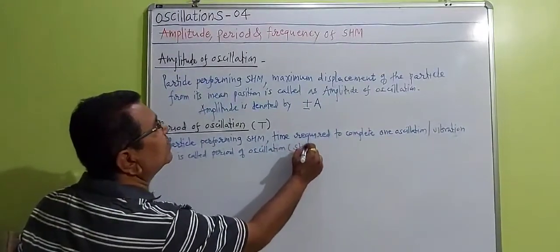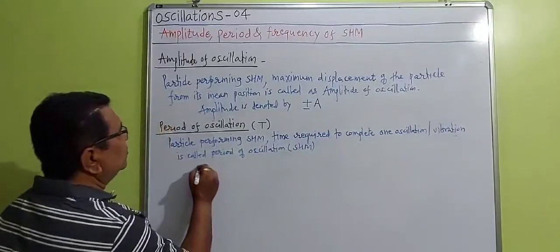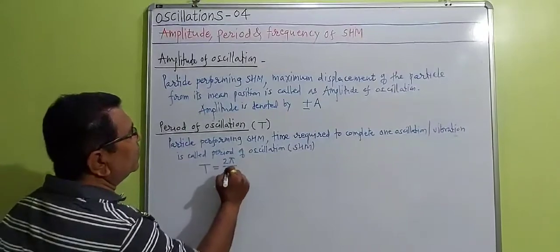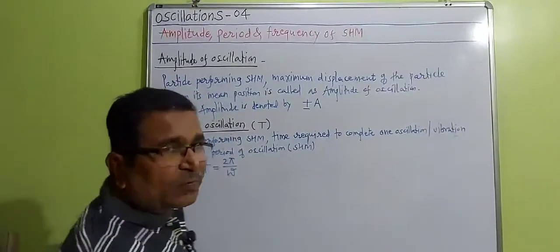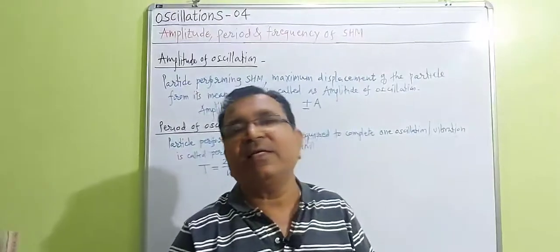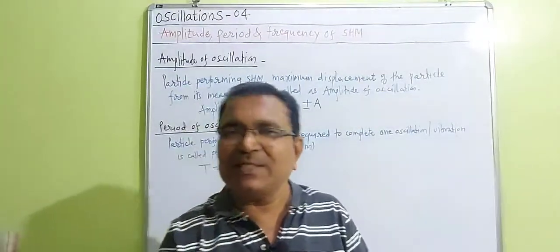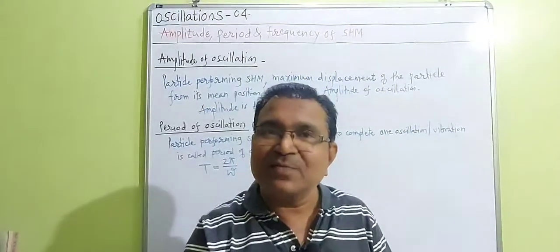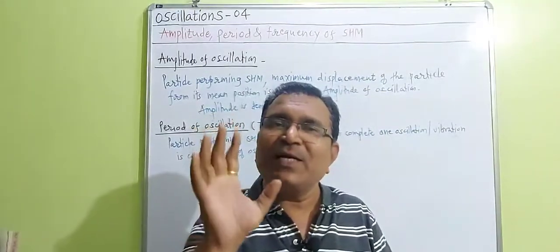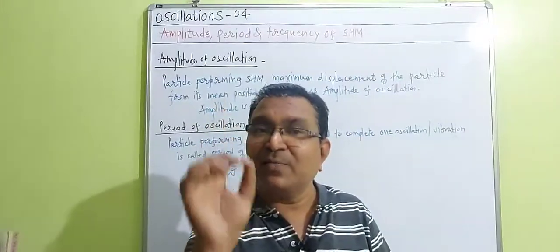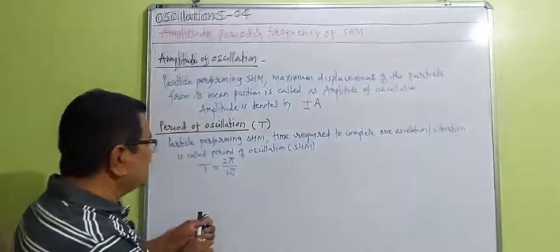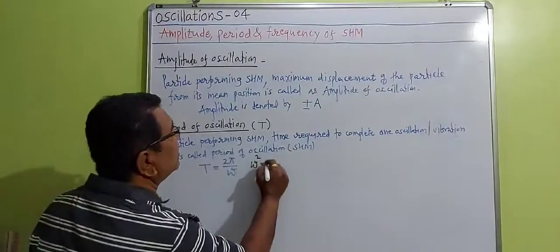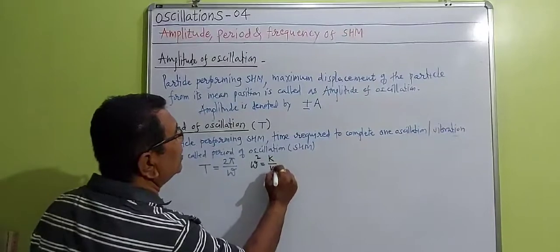Or SHM. So we know the formula of period, capital T is equal to 2 pi upon omega. Such a formula we have already learned in rotational dynamics, and while learning the differential equation of linear SHM we also learned omega square is equal to k by m.